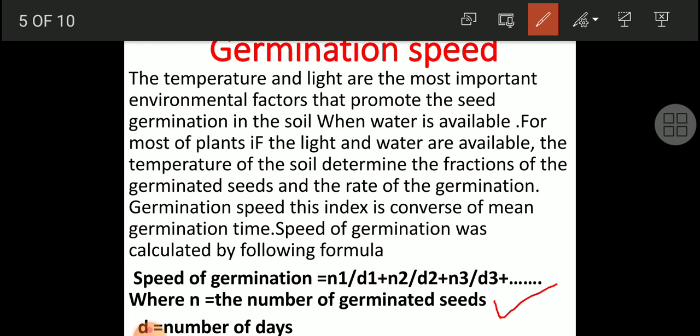Example: suppose on the 5th day, 25 seeds out of 50 germinated, so on the 5th day 50% of seeds are germinating. And suppose we continued that experiment, and on the 30th day we found that 100% of seeds are germinated.